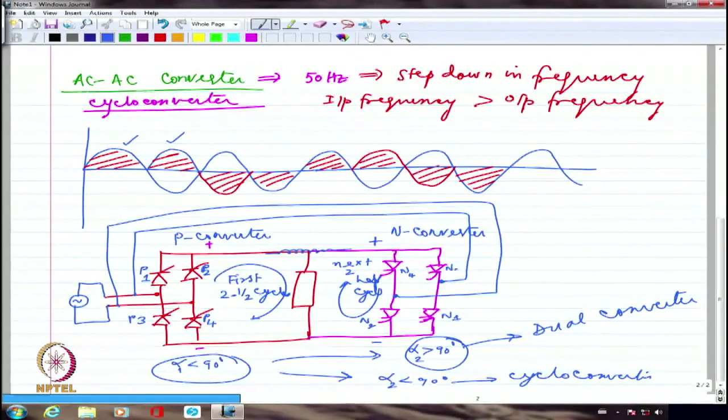So, I should correspondingly make sure that N1, N4 will be given pulses if I want negative half cycle in the output, but the prevailing thing is the positive half cycle as far as the input is concerned. So, I have to look at the input as well as output simultaneously. So, this is going to be the way your complete converter works.